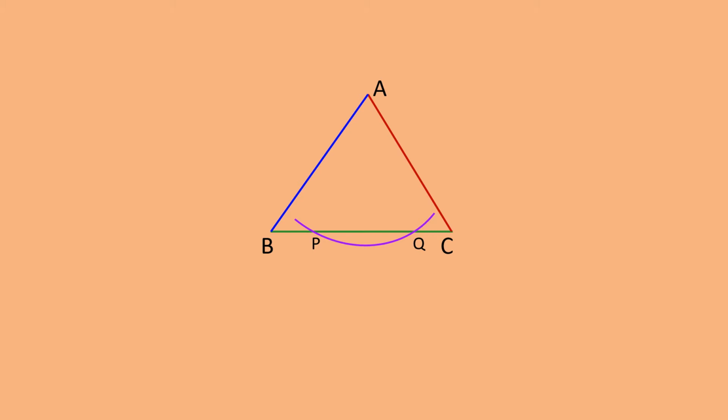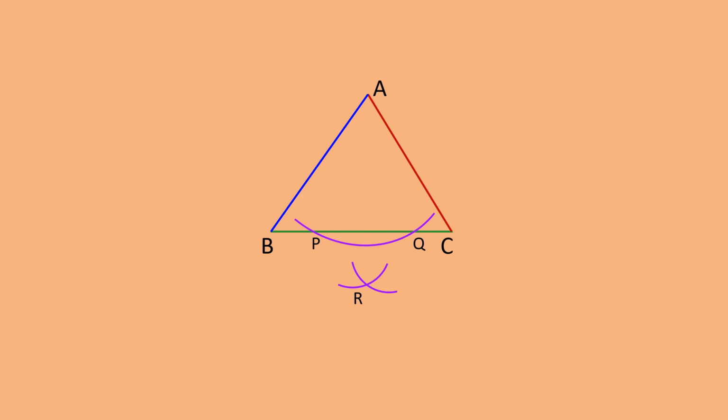You can take a radius more than half of the length of segment PQ. Then, with the same radius in the rounder, keep the pointer at point Q and draw another arc. Clear? So these two arcs are intersecting at point R.